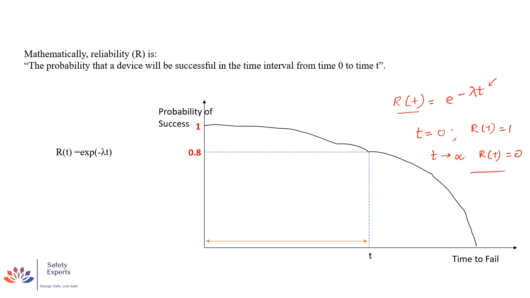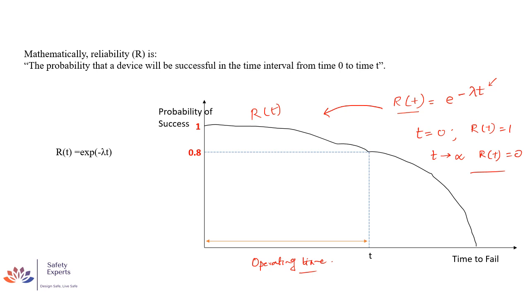Now every product, as we told you, has an operating time, right? So the reliability concept holds true within this operating time. Outside the operating zone, this R(t) function may work differently.